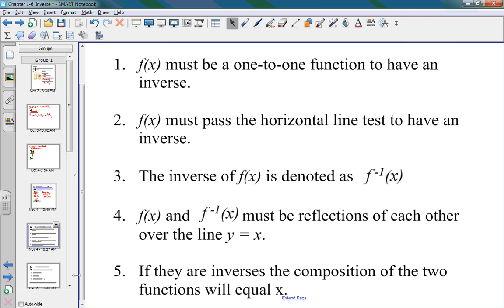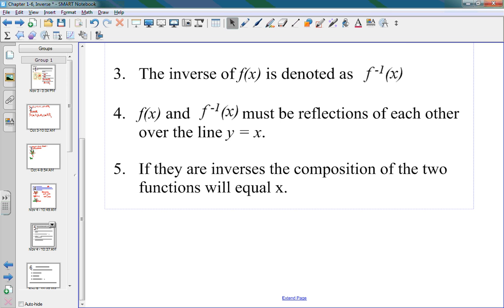Number 4, f of x and f inverse of x must be reflections of each other over the line y equals x. Why would it be reflections of each other over the line y equals x? Because number 5, if the two functions are inverses, then the composition of the two functions will equal x.